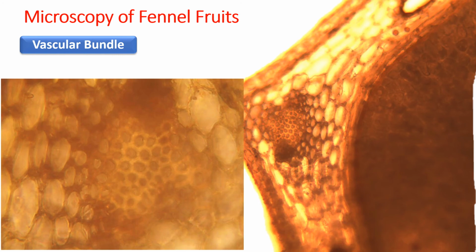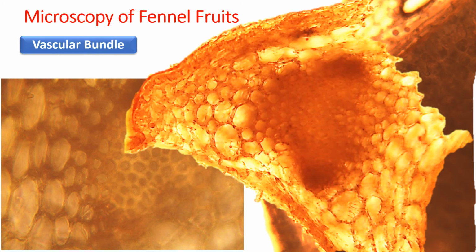You can notice here the phloem has very dense intercellular space, and the xylem is very compactly arranged, not allowing the light to pass through it. On staining, you will find the xylem taking up dark red color, whereas phloem is also stained slightly reddish in color. This is the stain phloroglucinol and HCl.